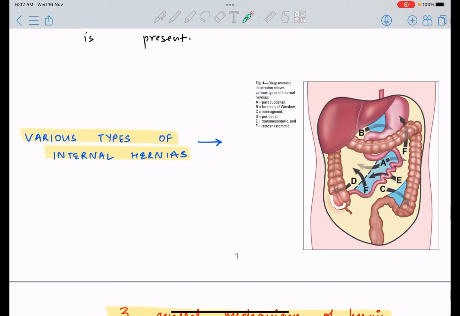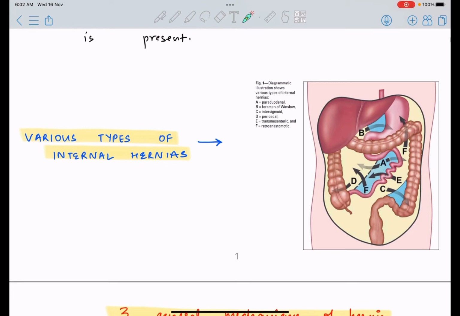This is the cecum, and if the mesentery of the cecum is not attached to the retroperitoneum properly, it gives rise to abnormal spaces. And if bowel travels across these abnormal spaces into the right paracolic gutter, that gives rise to the pericaecal hernia.